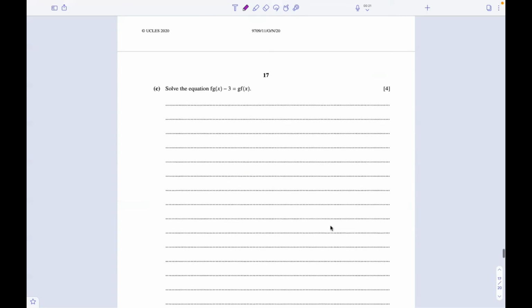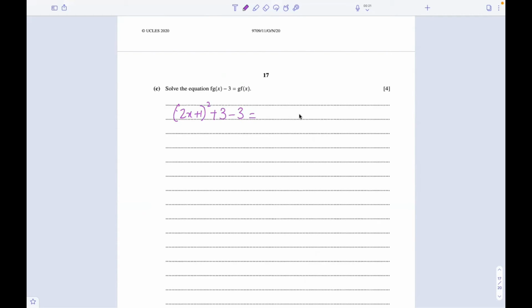In the next part, we have to find fg of x minus 3 is equal to gf of x. So we have fg of x from the first part, which is (2x + 1) whole squared plus 3, and then we have a minus 3 over here.